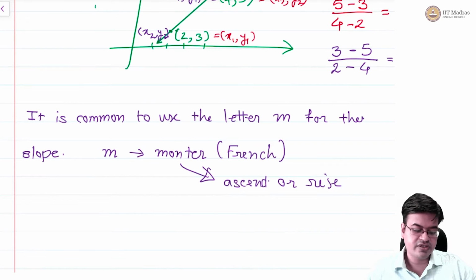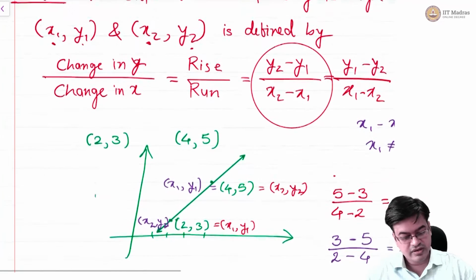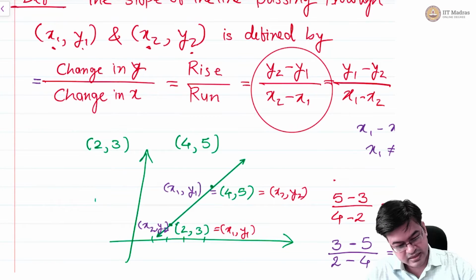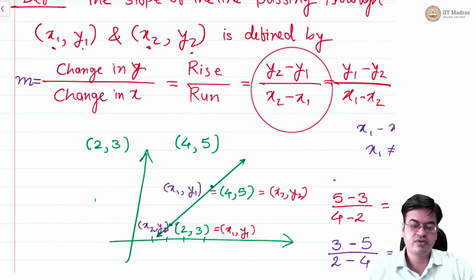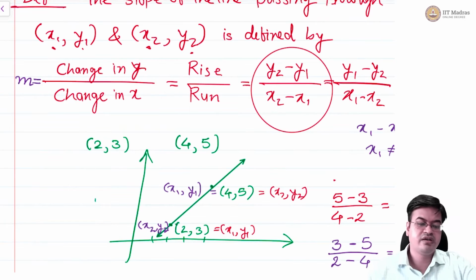So it's a French verb, that is why we are generally denoting it with letter M. So now I can denote this particular thing as M. M is the slope of the line which we are denoting in this fashion.